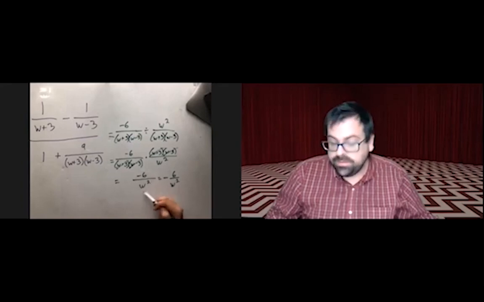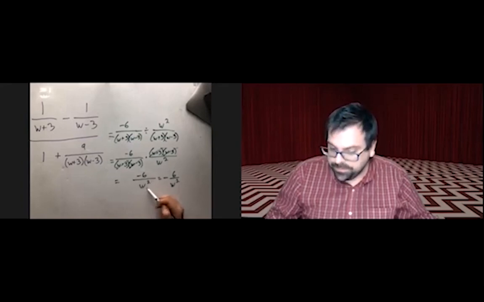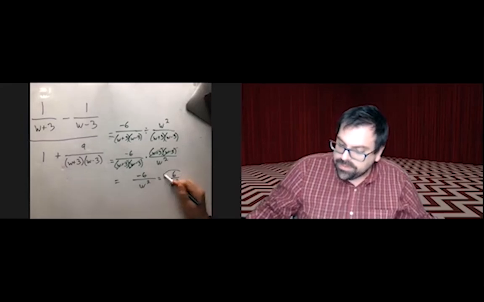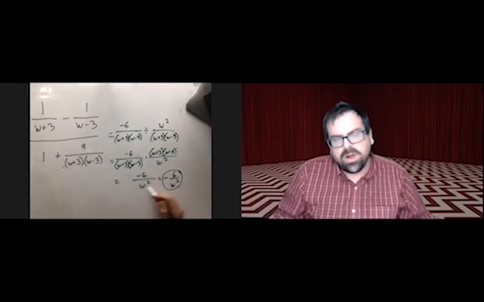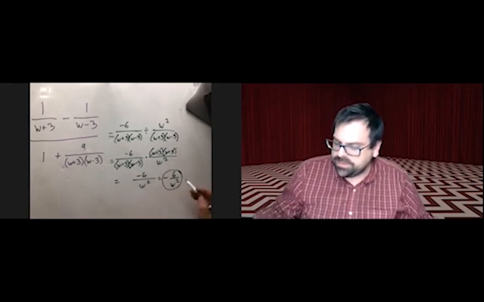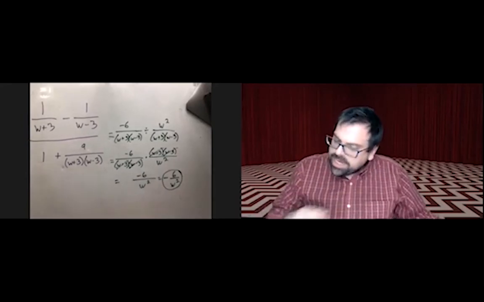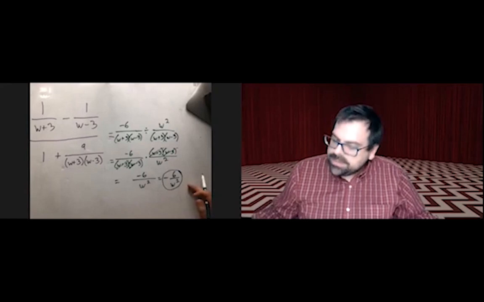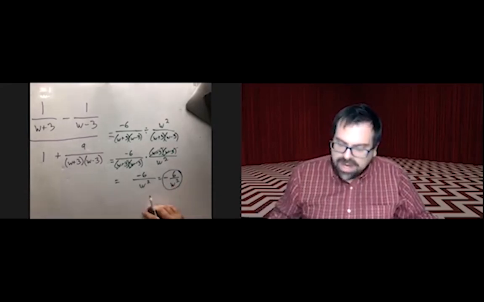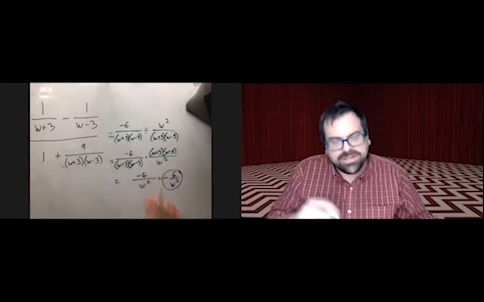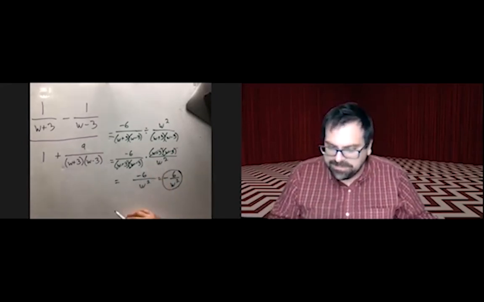Because we're squaring. So negative 6 over W squared. There's nothing wrong with writing it like this. I'm just, again, trying to be better about being consistent. And I will consistently have a negative fraction before I have a fraction that starts with a negative on top.